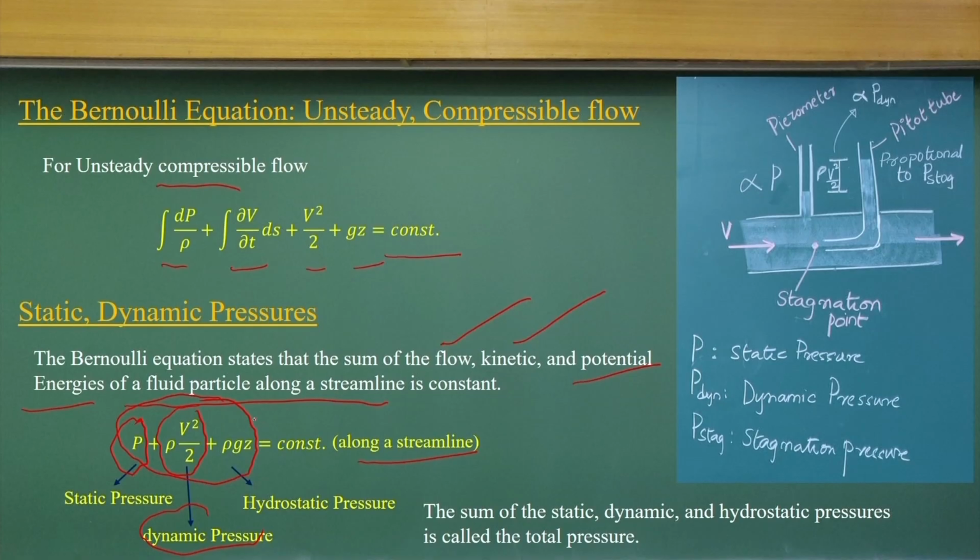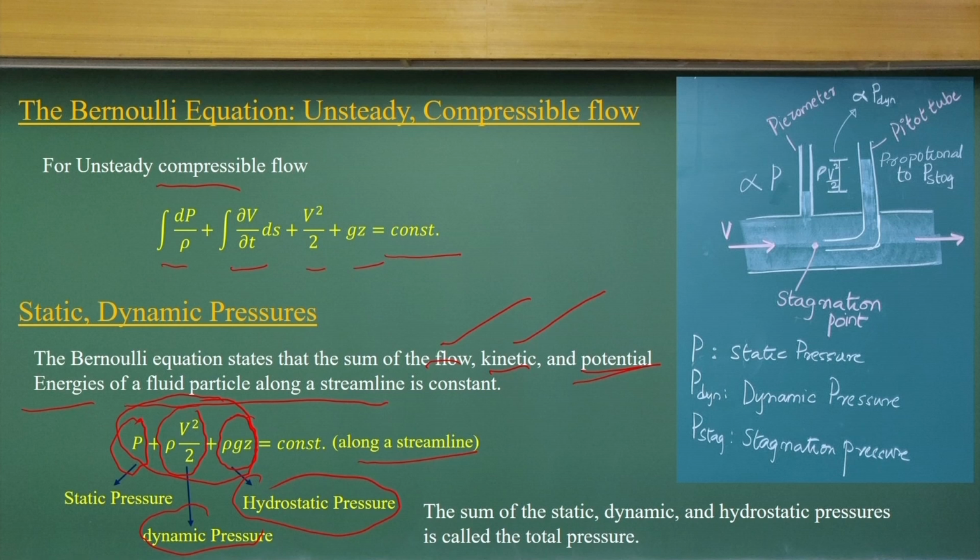And we have rho g h, or Z, which is the hydrostatic pressure. So, we have three pressure components. In terms of energy, we can define it as flow energy, kinetic energy and potential energy of a fluid particle along a streamline being constant.